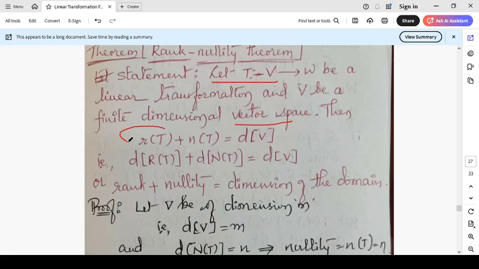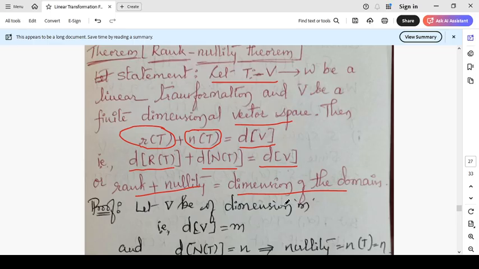Then the rank of this linear transformation plus the nullity of the linear transformation is equal to the dimension of the vector space V. So the rank of the linear transformation is the dimension of R of T, plus the dimension of N of T is equal to the dimension of the vector space V. Or I can say that rank plus nullity is equal to the dimension of the domain vector space.